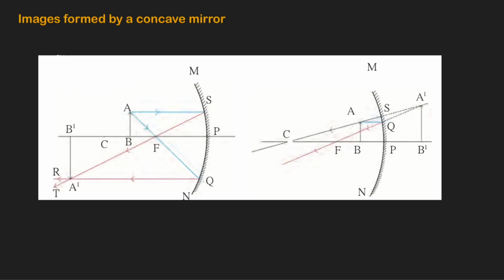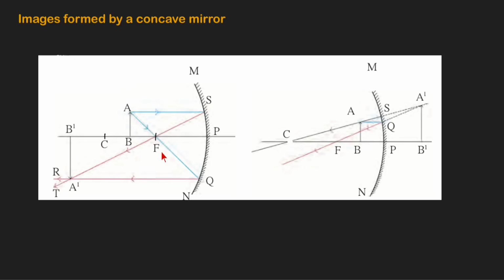Here, image formed by the concave mirror is our next point. Now, we have to consider one object. Here is the concave mirror and this one is the center of curvature and focus. Okay. Now, we are placing the object AB in between the center of curvature and focus.